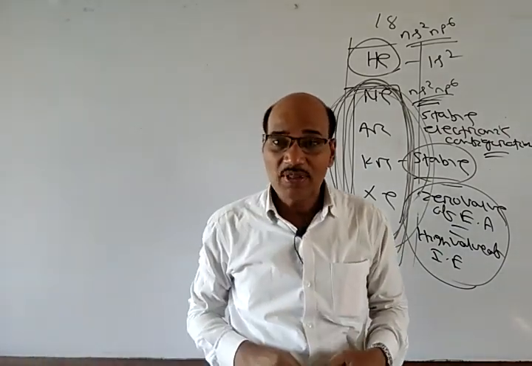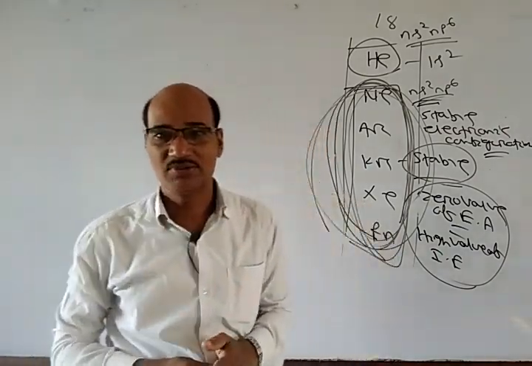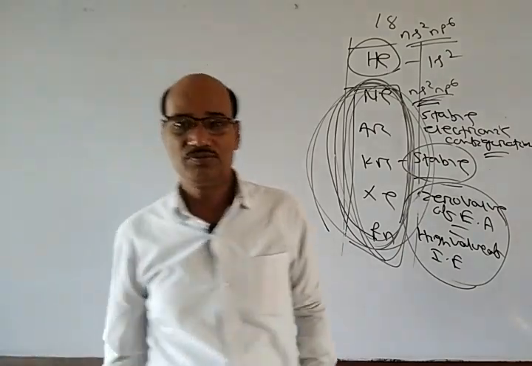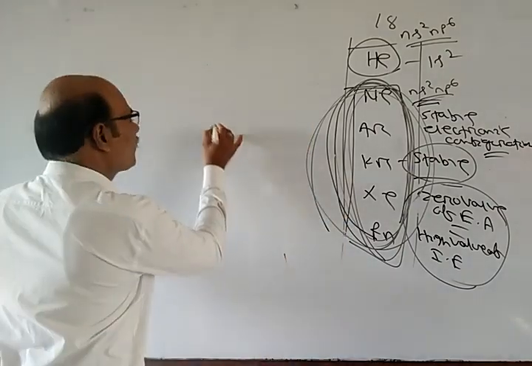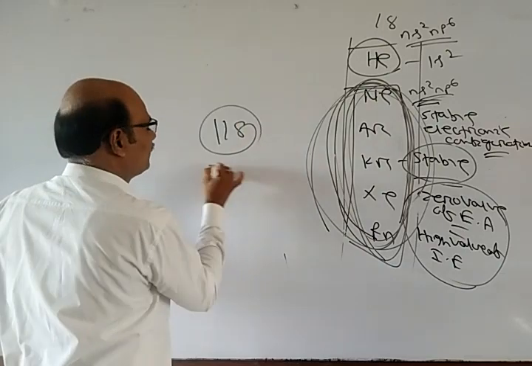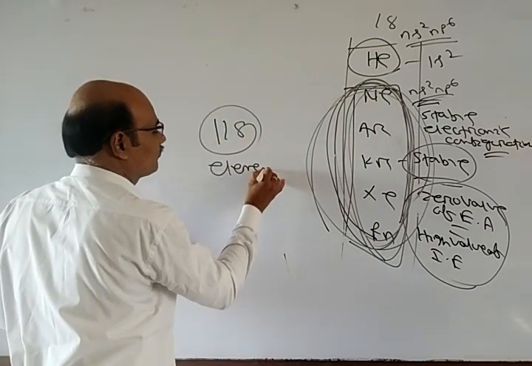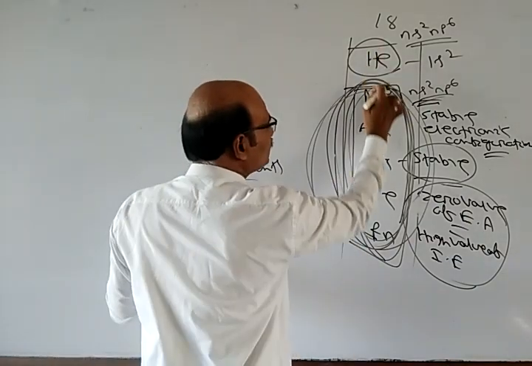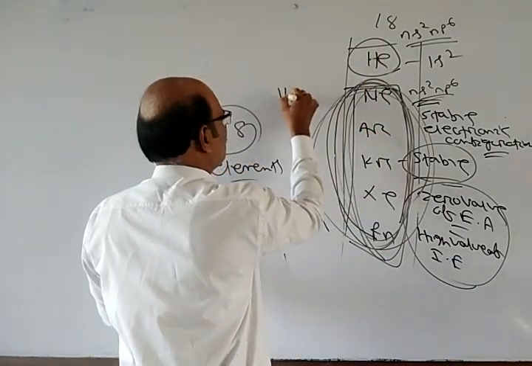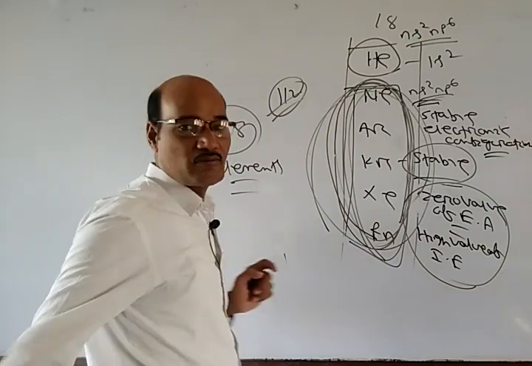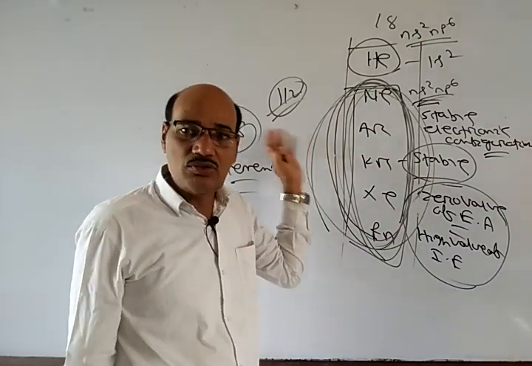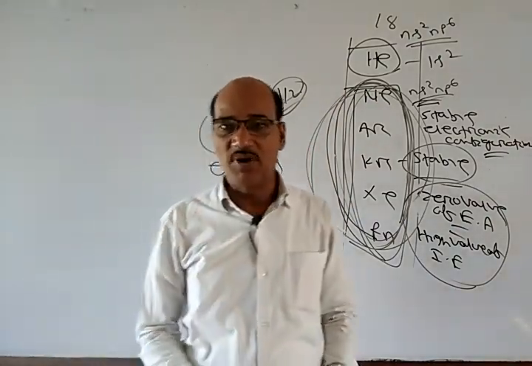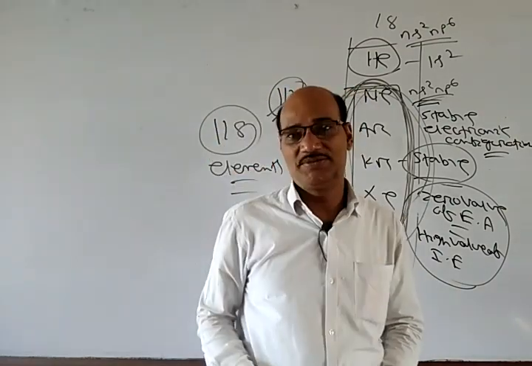But if we compare to other elements of the periodic table, we know that about 118 elements are there. And if we except these few, others are there, and almost all are found in the combined state.